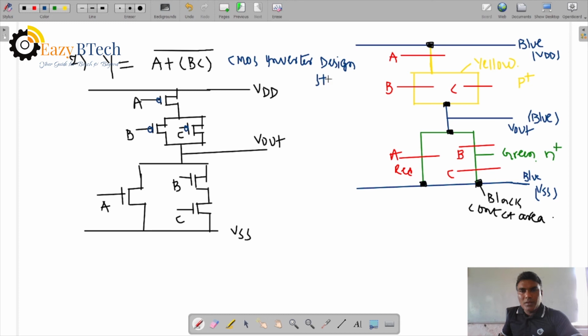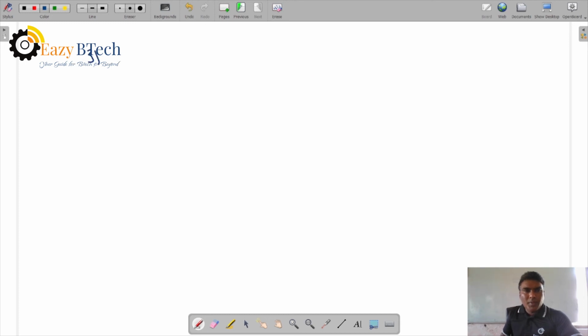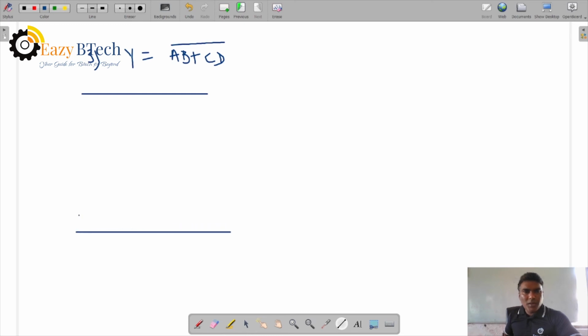You see another example, as we discussed in NMOS inverter stick diagrams: Y is equal to complement of AB plus CD. Let us draw the circuit diagram, then the stick diagram. How many inputs are here? Four inputs, A, B, C, D. AB are series, CD are series, and both are in parallel.